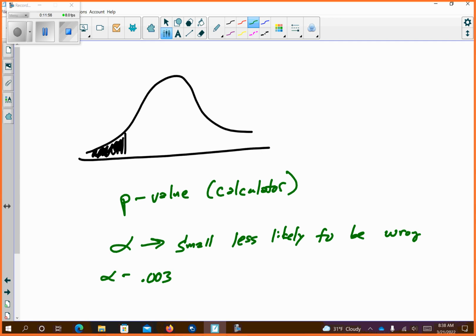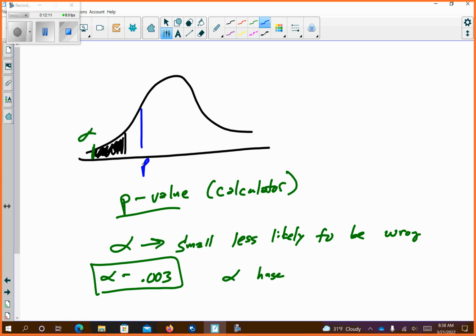If I made alpha huge, our p-value can easily fall into it. If it's smaller and smaller, let's say alpha is falling here, and then let's say we find that we have a p-value here. That just basically means we can fail to reject our null hypothesis.